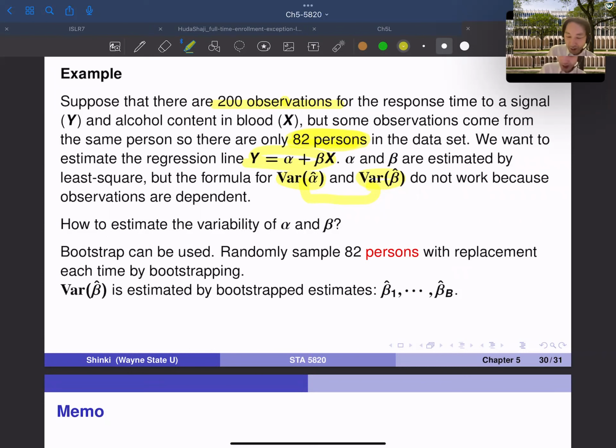So only 82 persons are in the data set. I always bootstrap. Of course, some statistical models exist to deal with this situation, but considering the statistical model is more complicated, if there is a one-size-fits-all method such as bootstrap, then that is much more convenient.